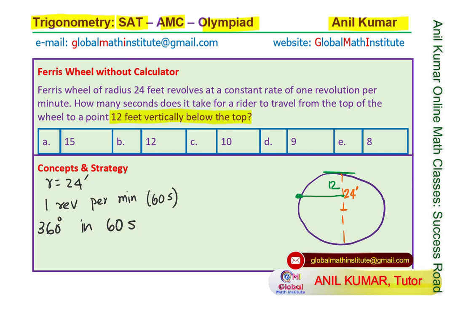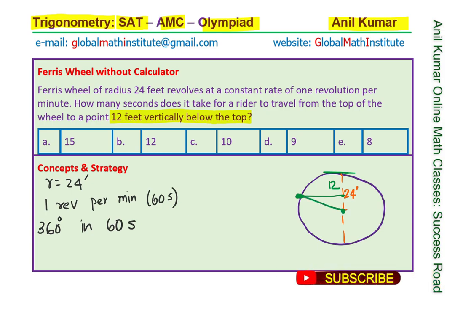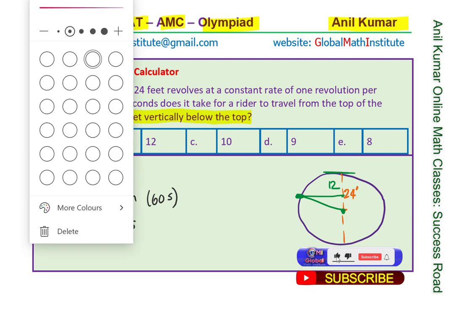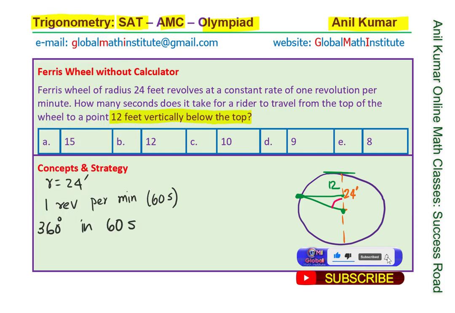we need to find the vertical change of 12 feet and the angle which it makes. So if you join it, you see that the radius is 24 and one side of this right triangle is 12.